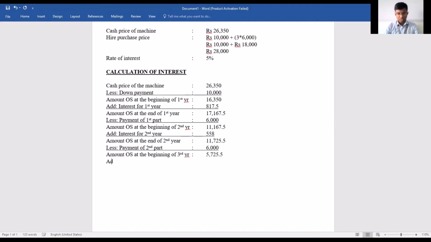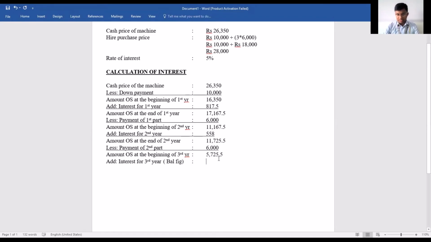5,725.5, and to this you have to add interest for third year. Interest for third year you would technically take as 5% of the outstanding amount. But I'm not going to take this as 5% of the outstanding amount. Instead, I'm going to take this as the balancing figure. Now, why is that so?